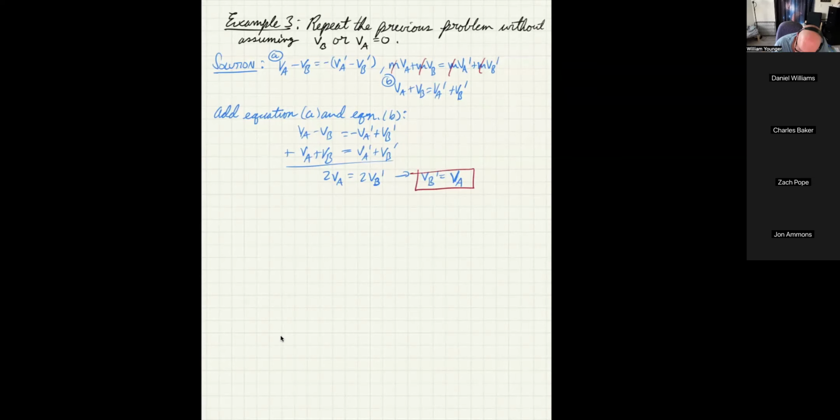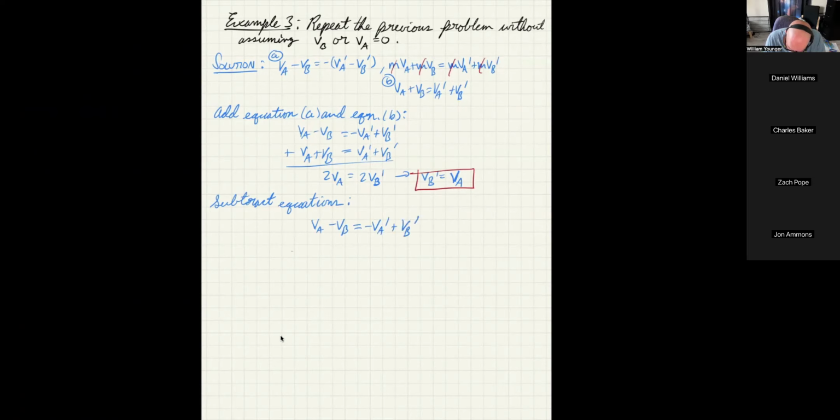Now I'm going to subtract the equations. I think that'll work. So in this case, I'll say VA minus VB equals negative VA prime plus VB prime.